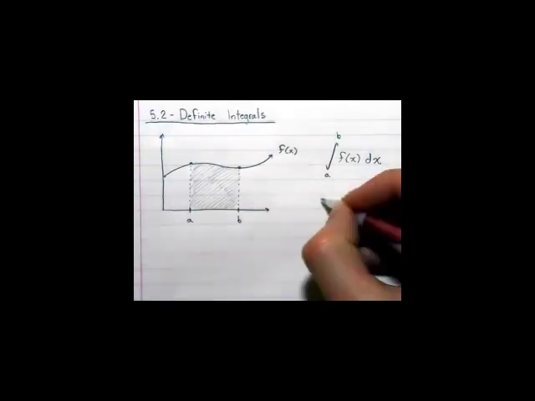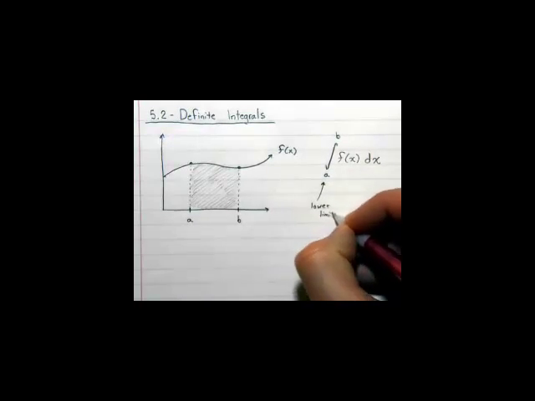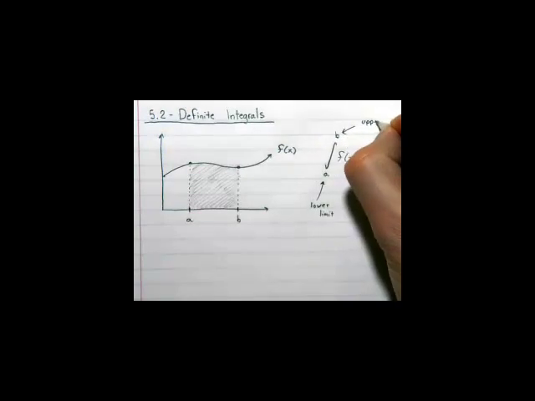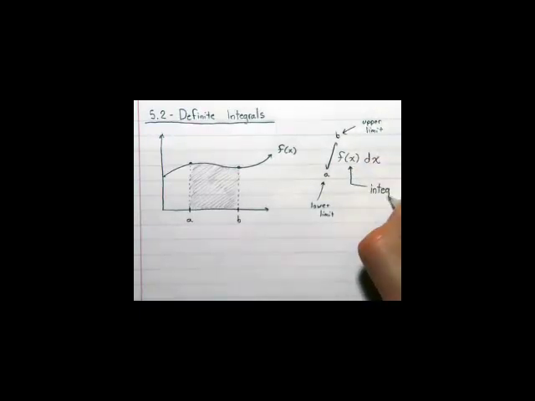So let's just label up some of this stuff. A is the lower limit. B is the upper limit. F of x is called the integrand, which just means the function being integrated.